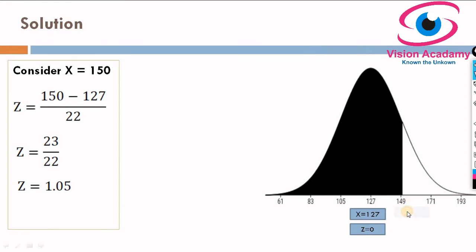And our second value: a semiconductor is going to be acceptable if it is below 150, and for X equal to 150 we have found the Z value is 1.05. That also I have inserted here. Since X is less than 150, I have shaded the area below 150. The black line of 150 will fall here.